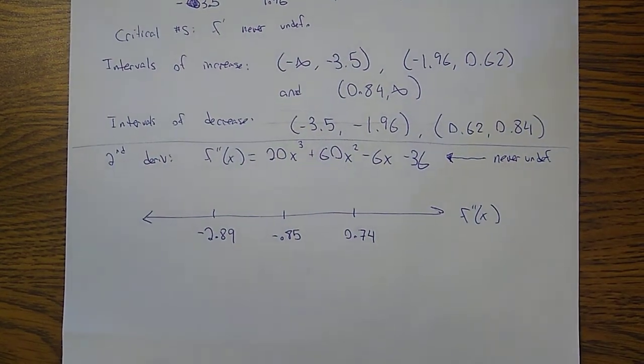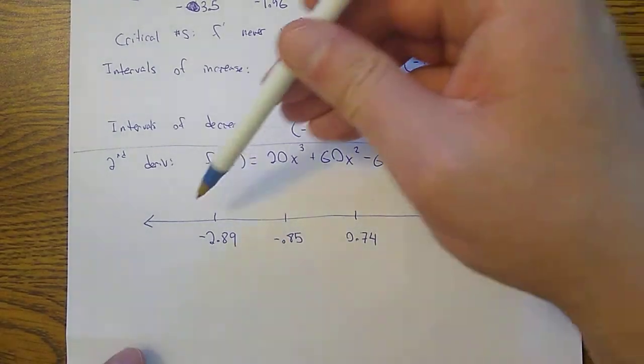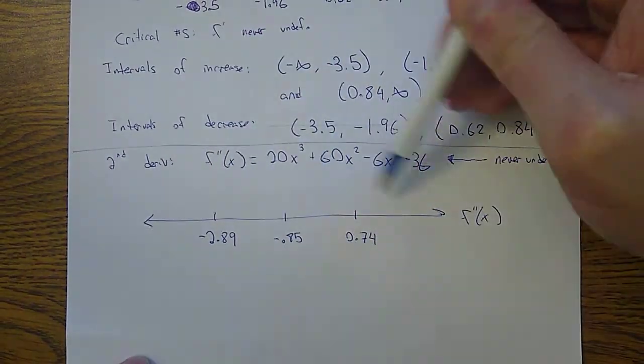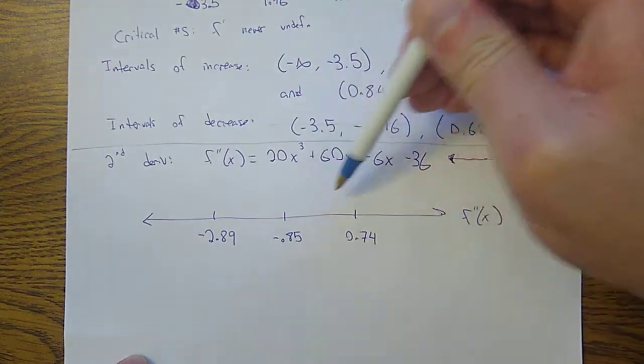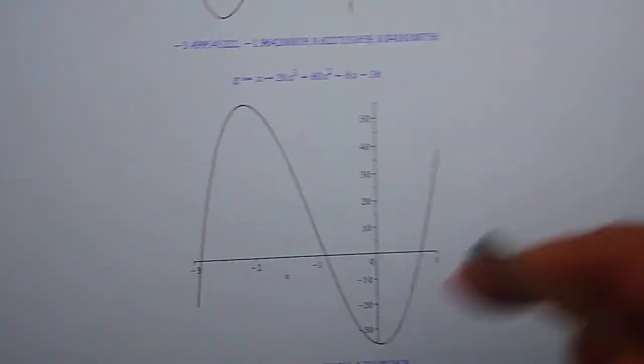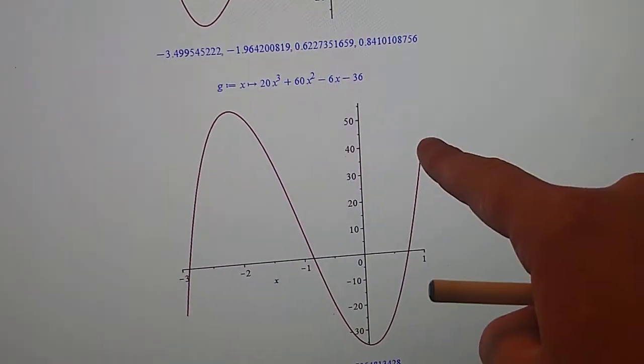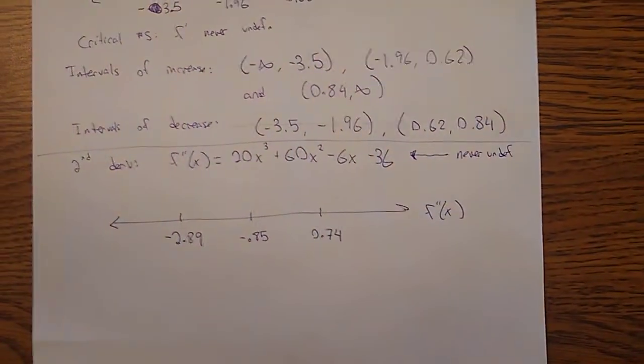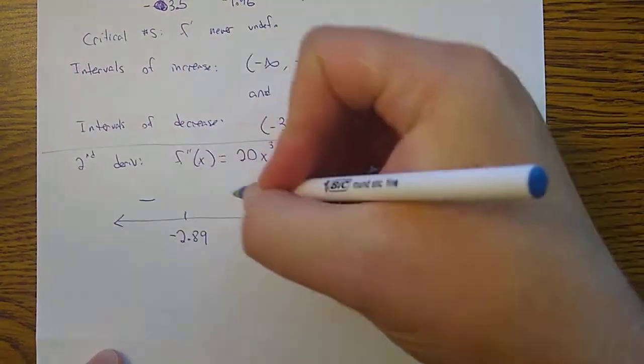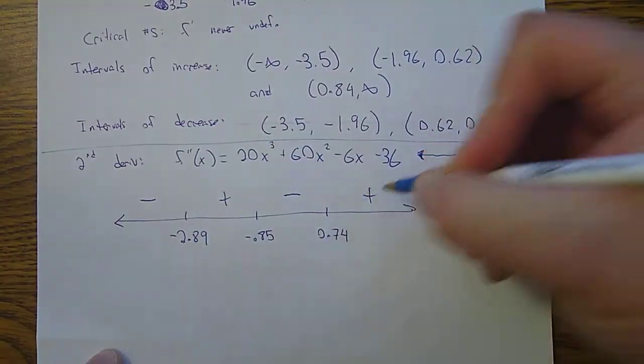But in any case, I mark those numbers, and then again, this breaks it into some intervals, and I would like to fill in a plus or minus in each one. Since I'm already looking at the graph, this is easy, so it goes negative, positive, negative, positive. Negative, positive, negative, positive.